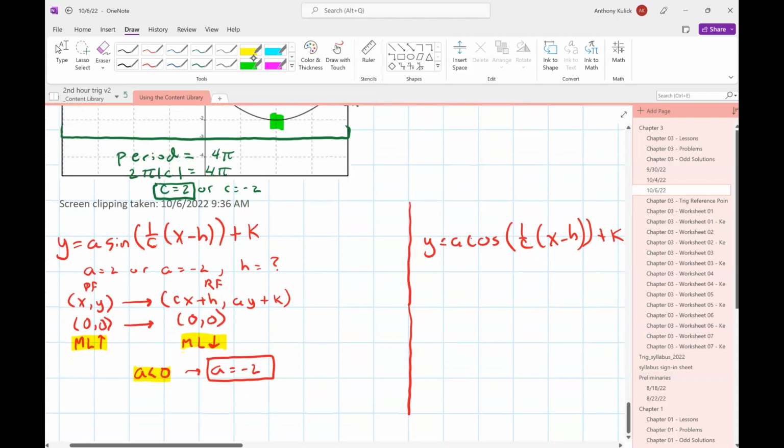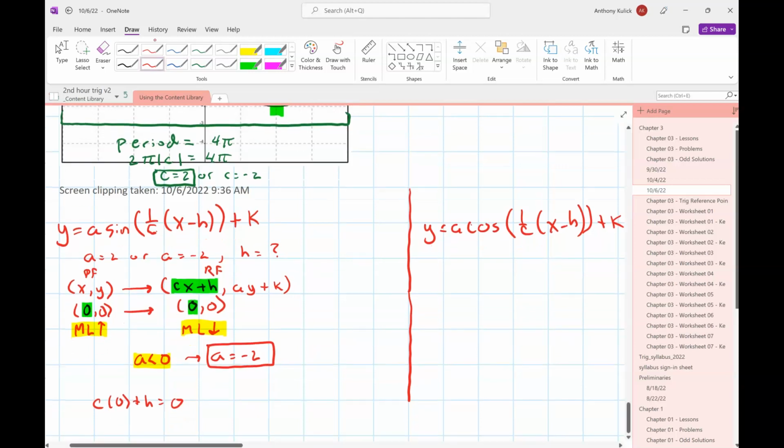So the last thing I need then is my H. Everybody's okay with that? To get the H, I'm going to plug 0 into this, which I know has to equal 0. Well, c times 0 is 0, and 0 plus h is h, so I have just h is equal to 0.